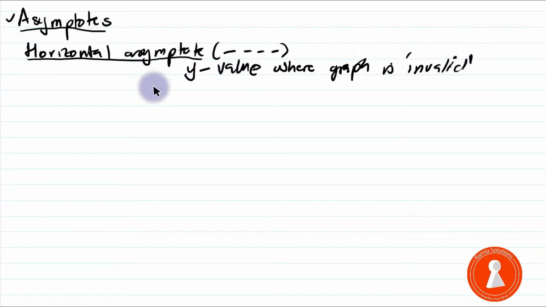So for a grade 10 graph that says y equals a over x plus q, your horizontal asymptote will be this y value. If you substitute this y value, your function will not be possible to work with.